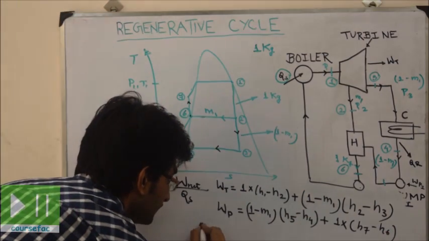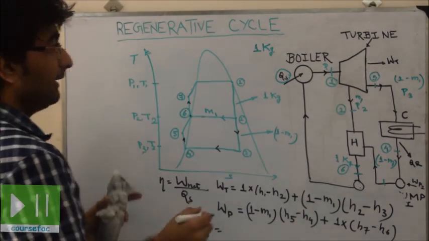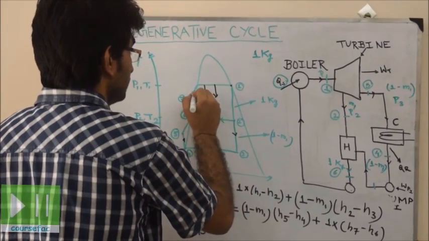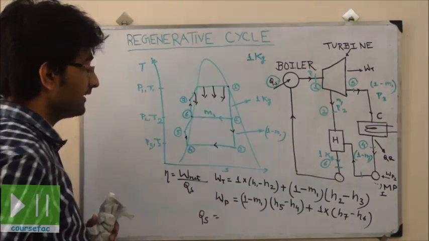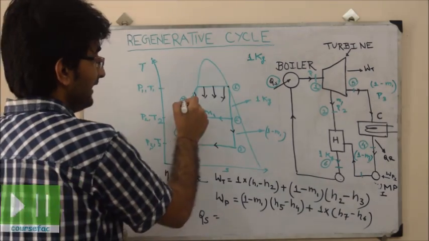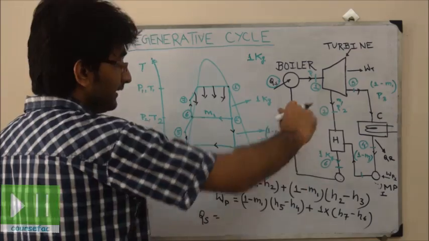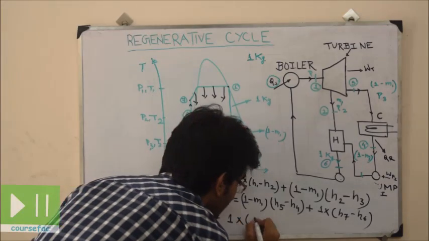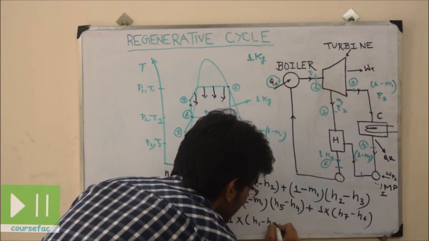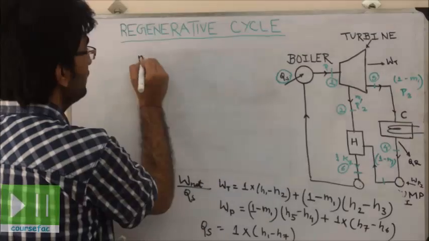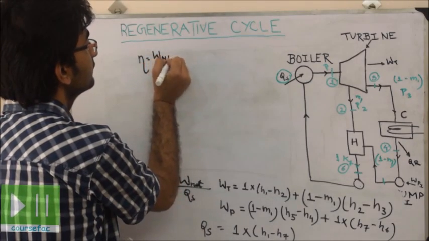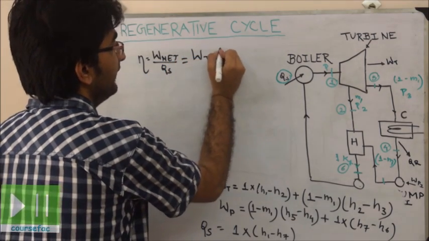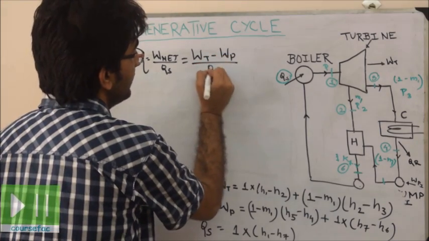Now heat is supplied during this process 1 to 7, because the area under the TS diagram gives the heat supplied, and heat is supplied for 1 kg of steam for the overall cycle. So heat supplied is equal to 1 into H1 minus H7. So efficiency is equal to net work by heat supplied, that is, work done by turbine minus work done by pump, by heat supplied.